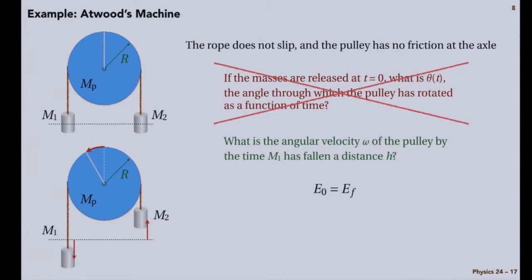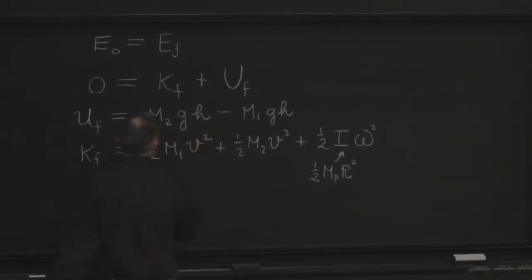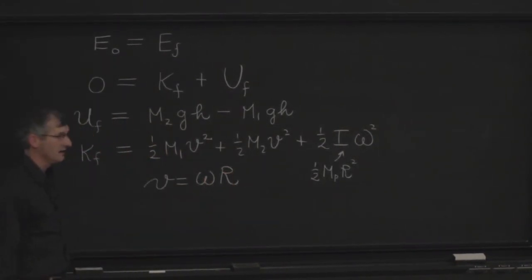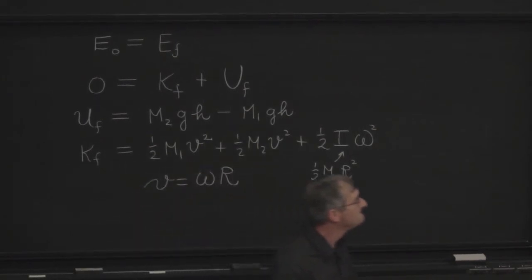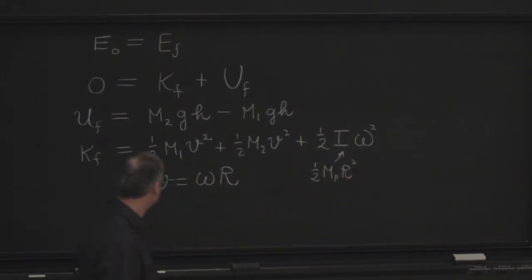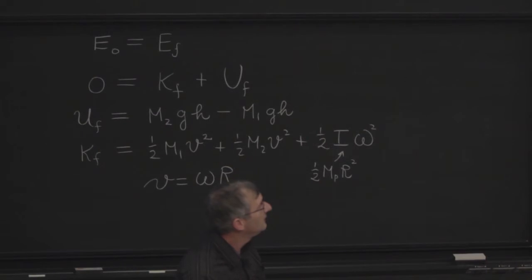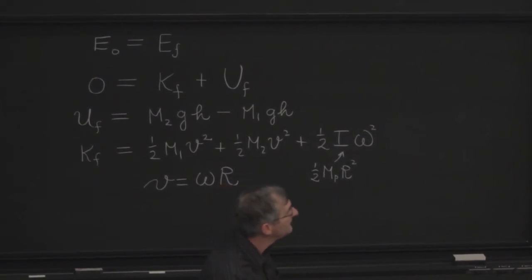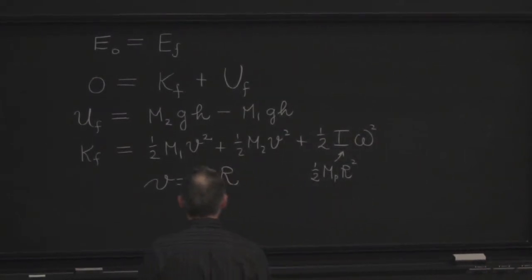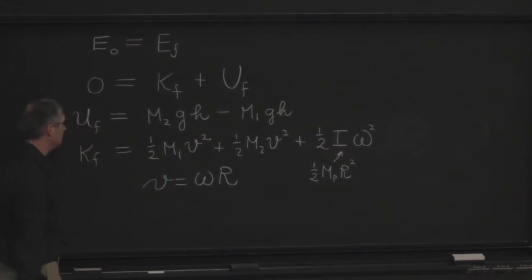So if mass 1 is moving down at speed v, then the pulley must be rotating at omega such that v is equal to omega times r. Okay. Then I can substitute. I'm aiming for omega. Is that what I'm trying to find? What is angular velocity? Yeah, so I want to get rid of v in favor of omega.